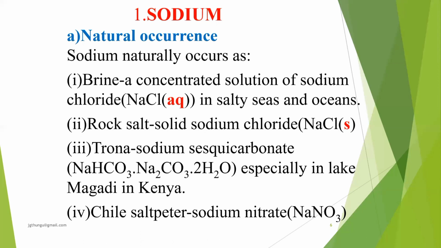Then we have another one we call shell salt petra, which is a sodium nitrate. Sodium nitrate can also be an ore also. So these are sources or ores of sodium, but the main ore I've said it is rock salt. So we shall be looking at the chemical process of extraction of sodium from rock salt.